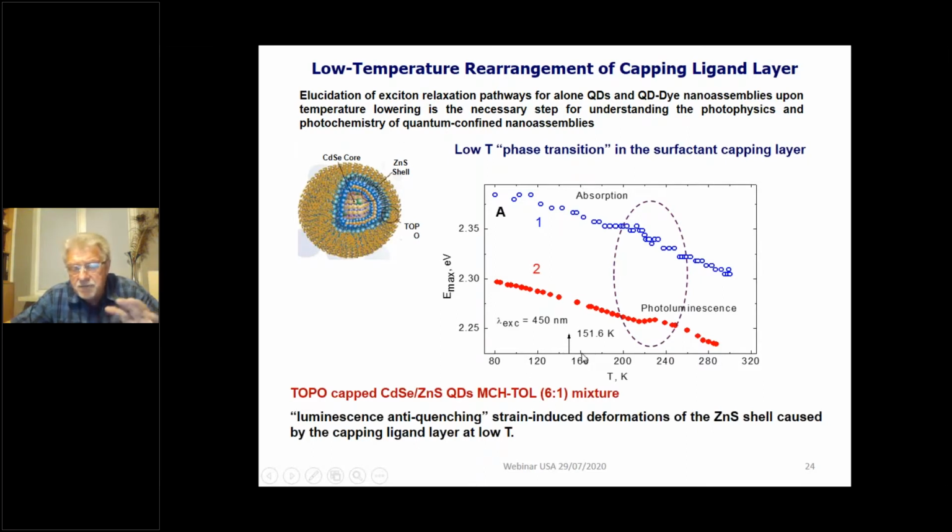It means it is not connected with a change of the matrix. It is connected with some surface processes which take place on the quantum dot.